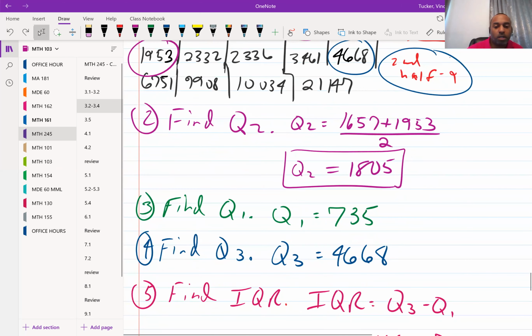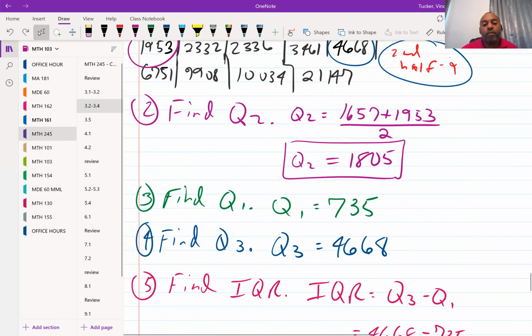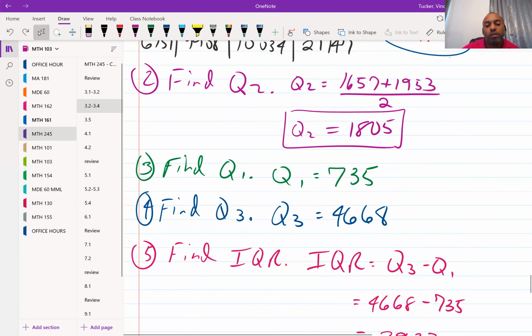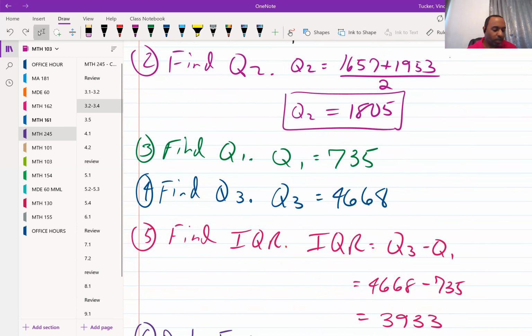All right, not test 5, but step 5, find the IQR. That's just taking Q3 and subtracting Q1 from it. And that gives us 3933.